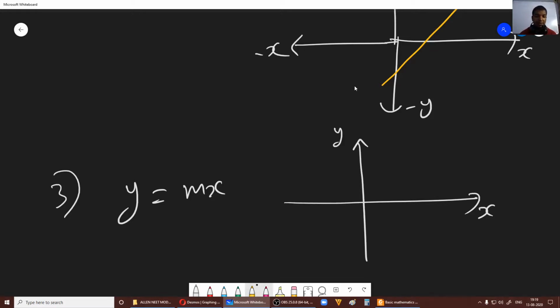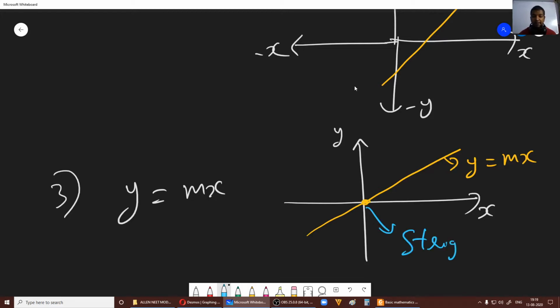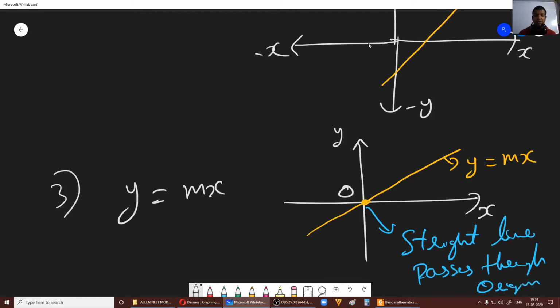This is important: y is equal to mx is the equation, and the straight line passes through the origin. Here O is the origin.